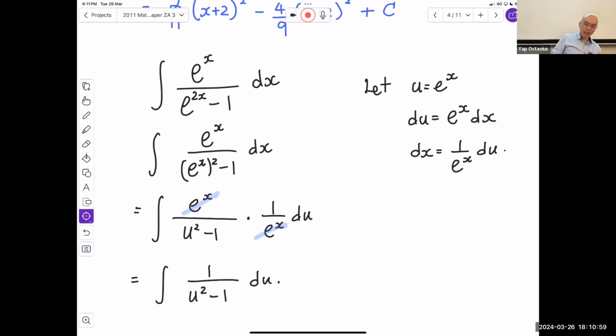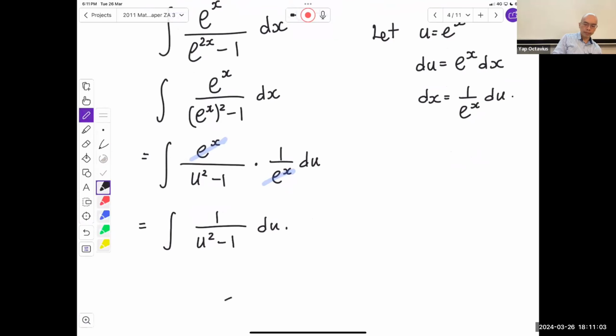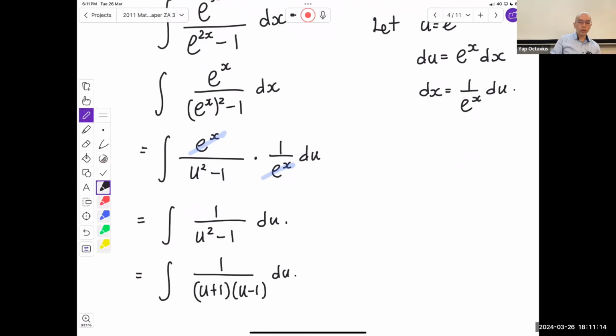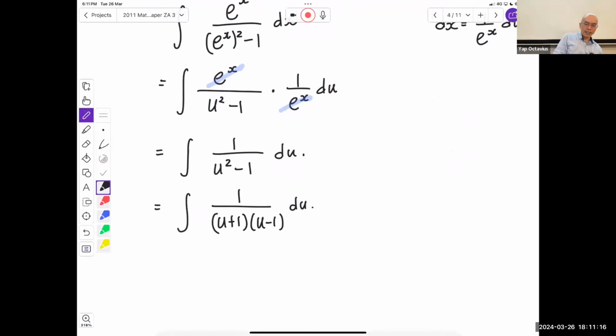So how to see the partial fraction? Because the denominator is a squared minus b squared, so a squared minus b squared gives u plus 1, u minus 1. Sure, we'll do all this. Okay, so now you can tell them that this one I can rewrite as this plus.